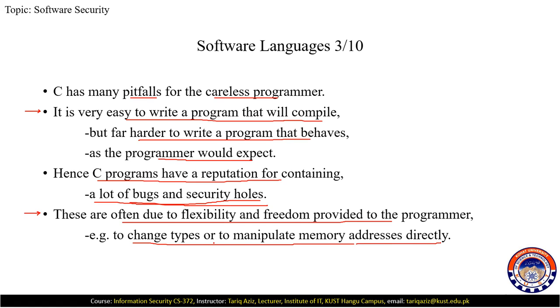C language gives the programmer the freedom to deal with memory addresses directly, or to change types. That's why this flexibility, or this freedom, leads to insecure development.